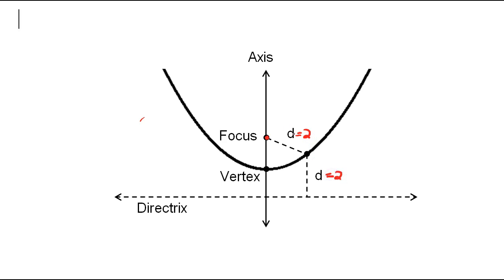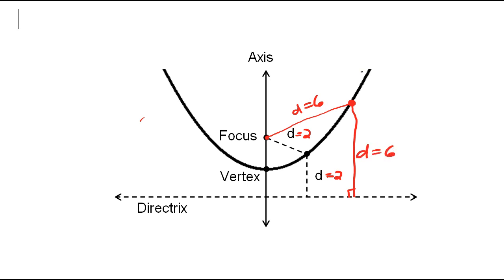Let's take another point right here. If I connect that to the focus, and then I also connect it with a perpendicular line down to the directrix, those two distances would have to be the same. It looks like it's about 6. If this is 6, this is 6.